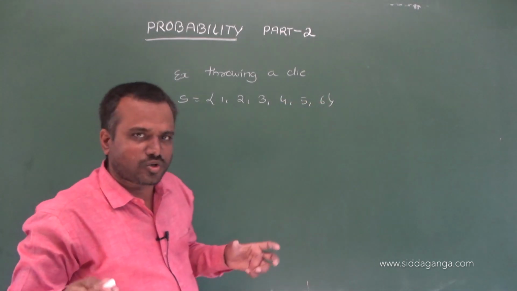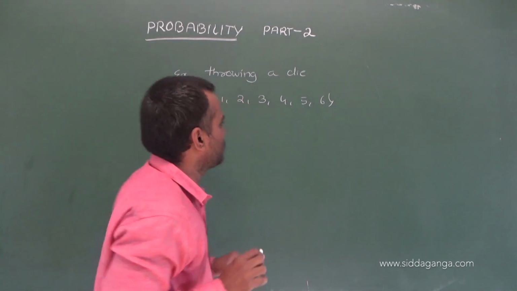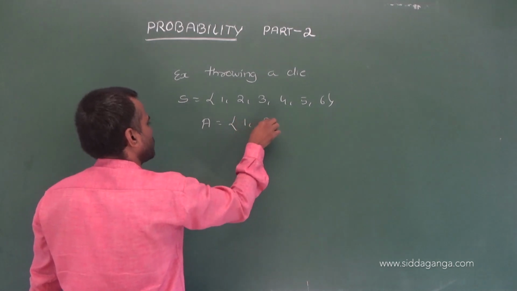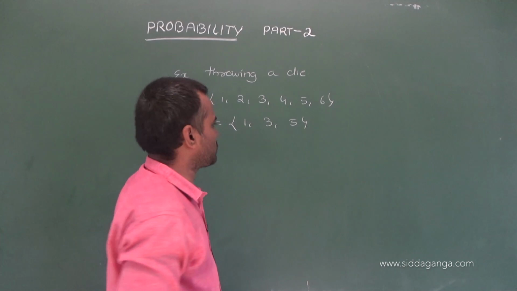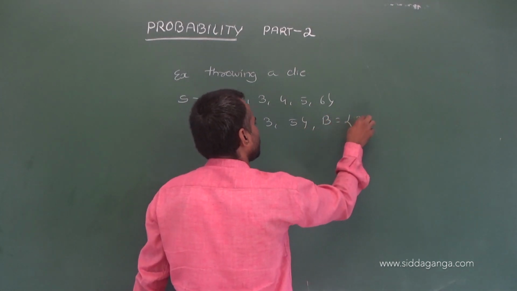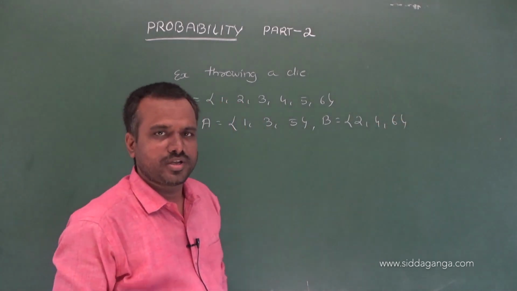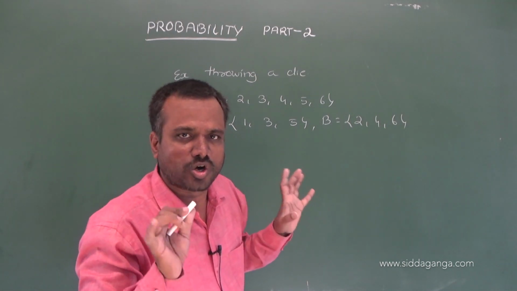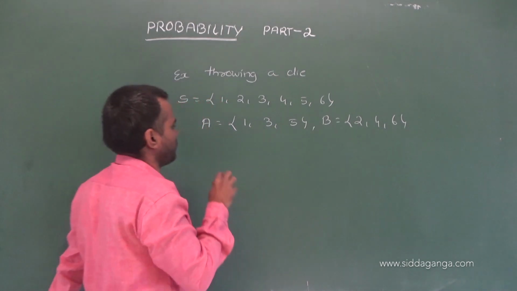Then I want to write two events, two sets of favorable outcomes. Number one, A is equal to odd numbers only. One more, B is equal to even numbers only.